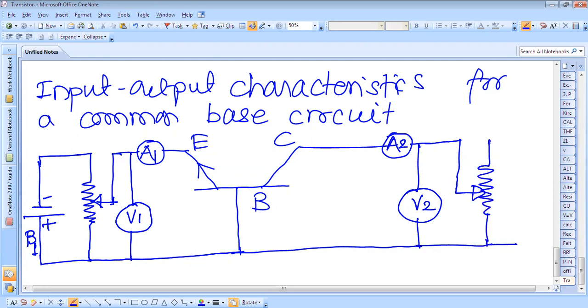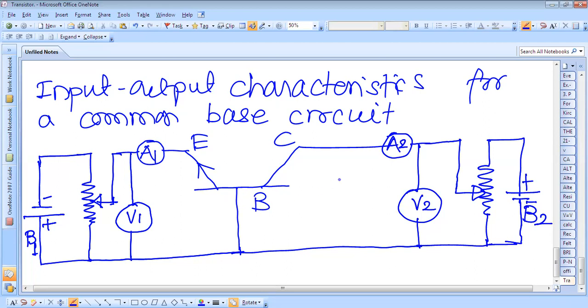The rheostat will be like this, and here the battery B2, positive, negative terminal. So this is the circuit diagram for the input output characteristics for the common base circuit, also called the static characteristics. And this is the NPN transistor.